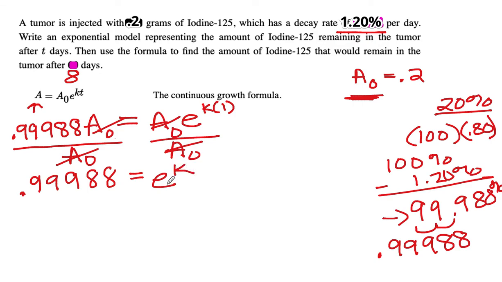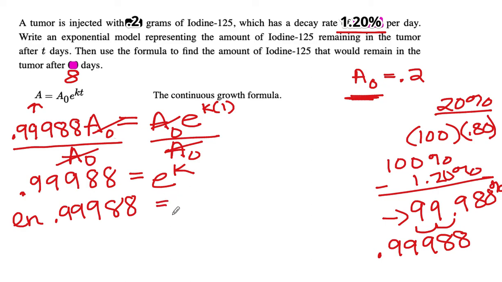So now our goal is we want to find out what k is. Now we have everything isolated, and we can find out what k is by taking the natural log of both sides. So I'm going to take the natural log of 0.988.